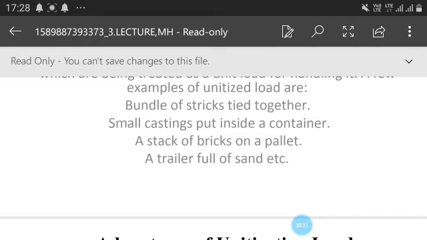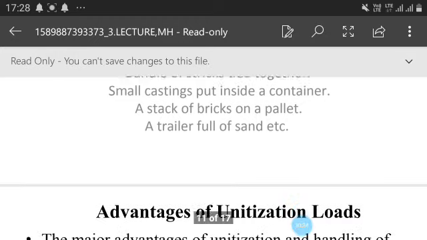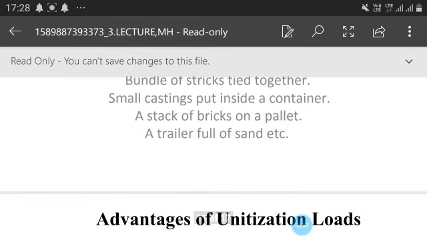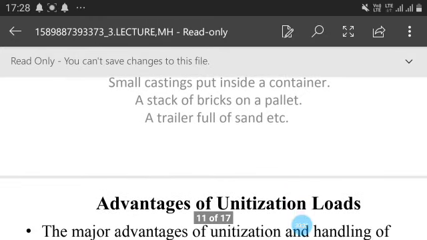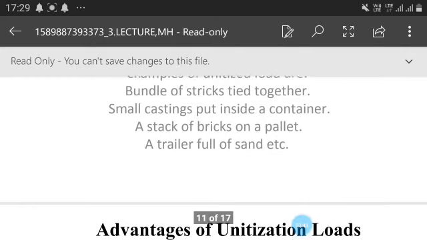Sometimes you can see bricks stacked one by one, and these bricks are transferred by a lorry, or different types of three-wheel vehicles or two-wheel hand trucks. Another is a trailer full of sand, etc.